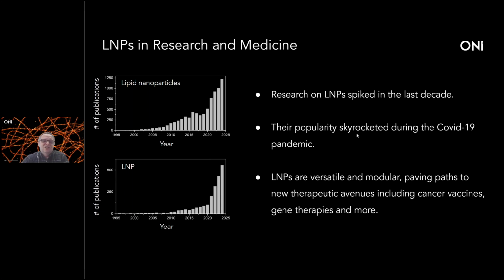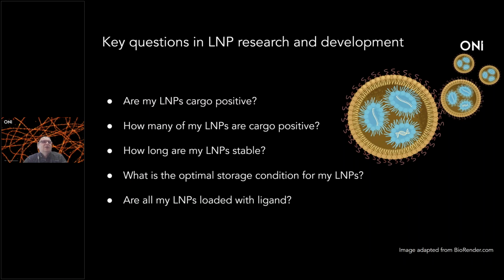However, as these particles are very versatile and modular, there are still some remaining key questions that we need to answer within LNP research. Before we move our research toward translational or clinical trials, we first need to understand lipid nanoparticles on an individual level. There are multiple techniques that allow you to study these lipid nanoparticles for bulk information.